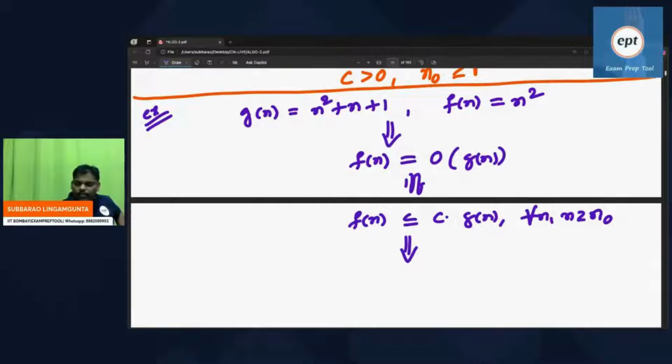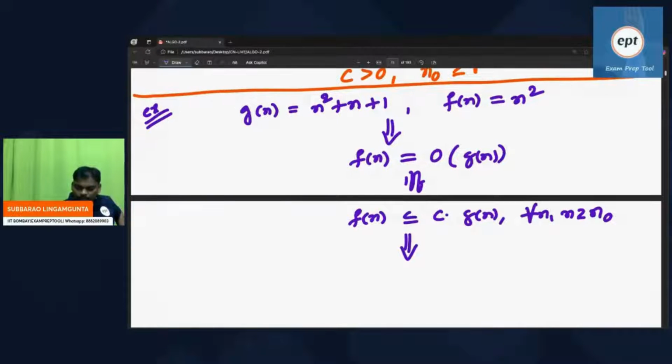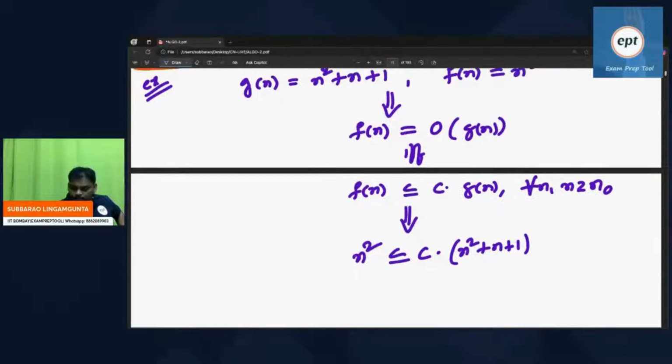F of n is n square, less than or equal to some c times g of n, which is n square plus n plus 1. If you observe clearly left and right, the right should be greater. Big O notation says that the right should be greater.